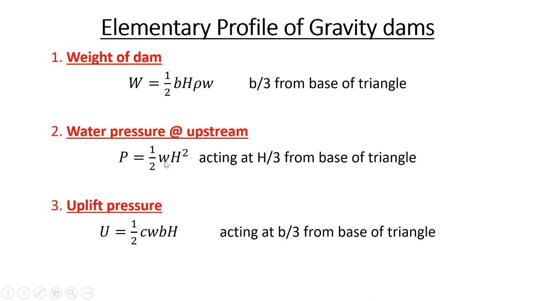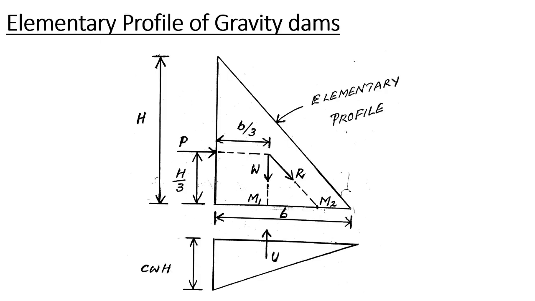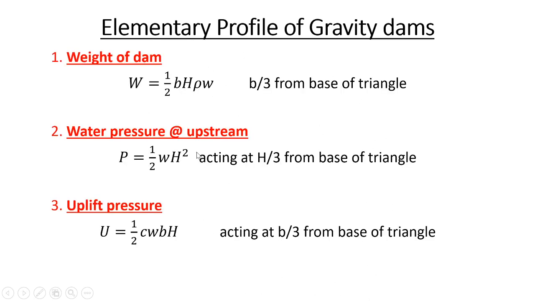It is the same equation, W into H square divided by 2, where H is the upstream water head. As it is a triangular variation, it will be acting at a height of h by 3 from the base of the elementary profile. And the third one is uplift pressure.